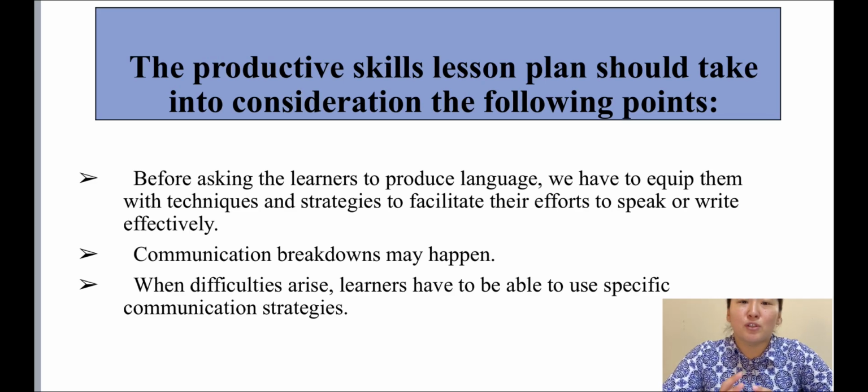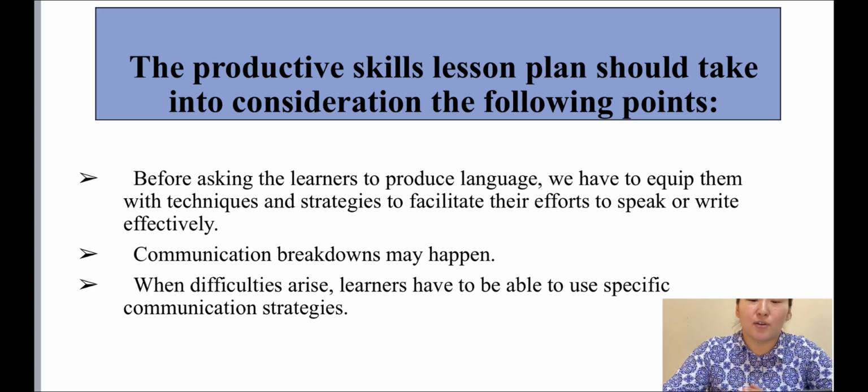For example, when your students make mistakes with grammar during writing, you should write it in written form. For example, improve your vocabulary or improve your grammar, or use the complex structure instead of simple, and so on. Feedback is the effective way to correct the student's mistakes or improve their skills.